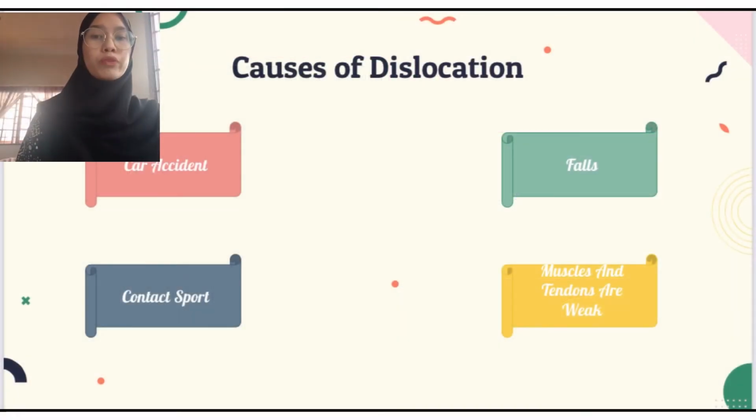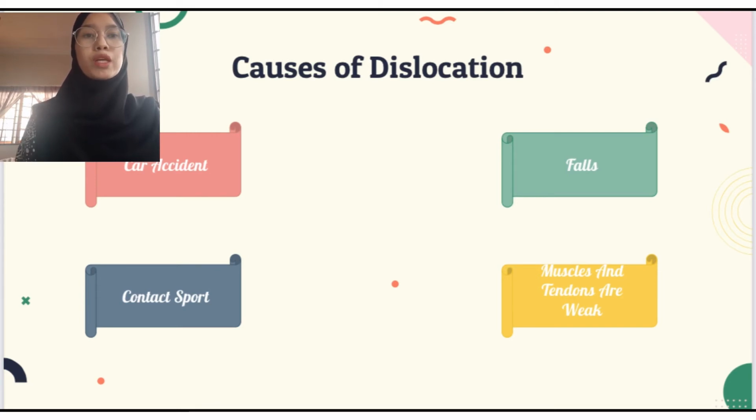As we know, dislocation is where 2 or more bones come together, in which the ends of your bones are forced from their normal position. So what causes dislocation? Now I will explain about the causes of dislocation.